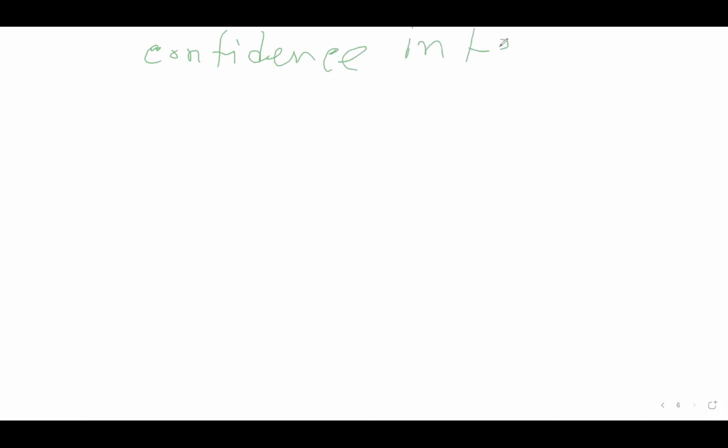So if you construct an interval for mu, then it is called a confidence interval.